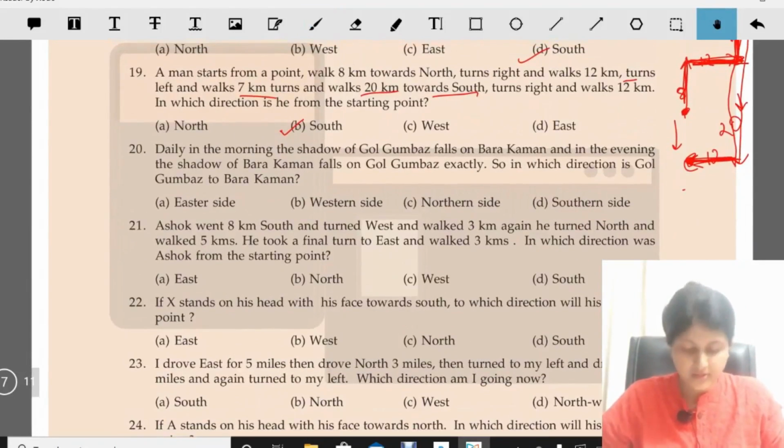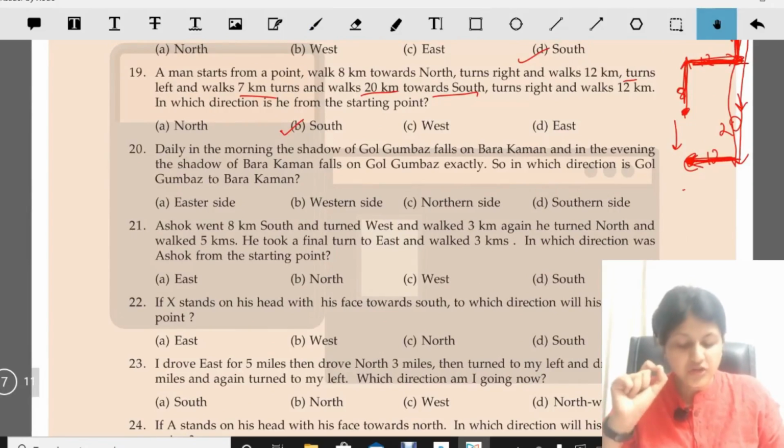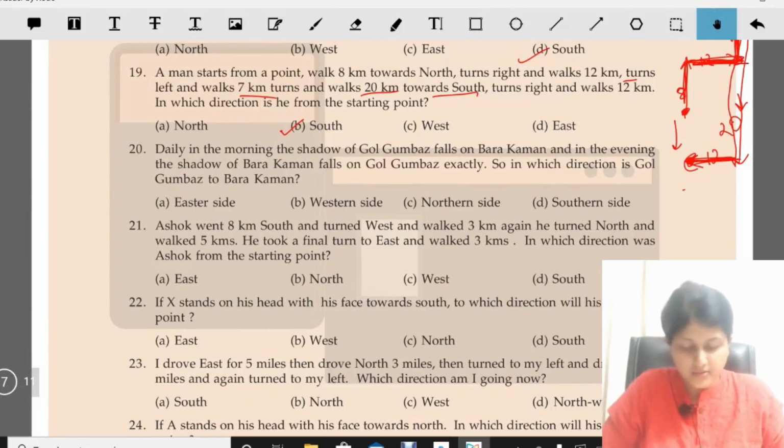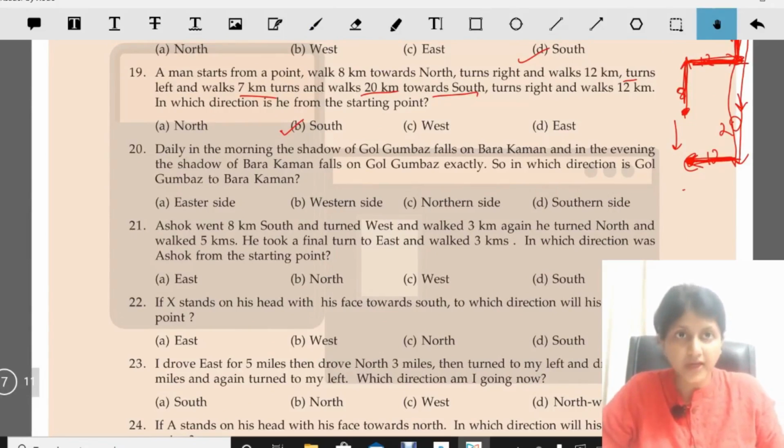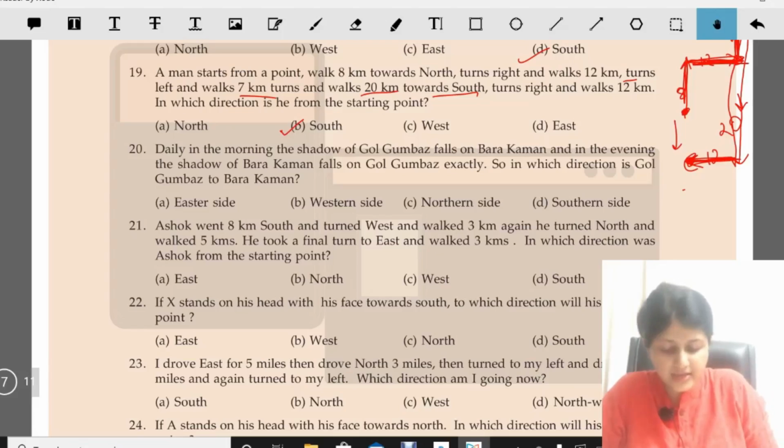Question number 20. Be very careful with this question. Daily in the morning, the shadow of Gol Gumbaz falls on Barakaman. Okay, so in the morning, where is the sun? Sun is here, east.